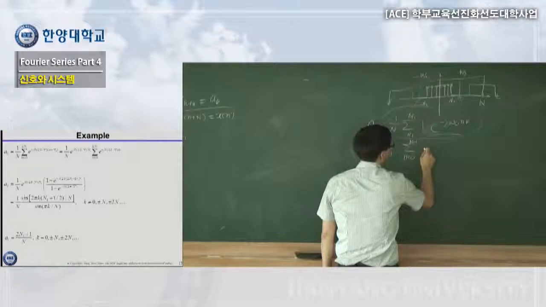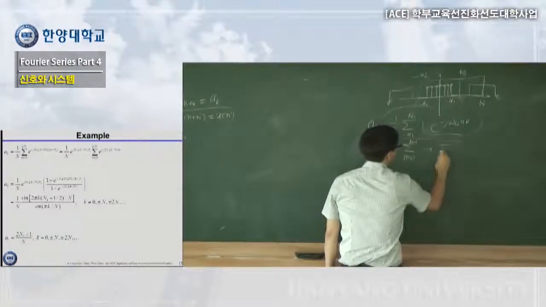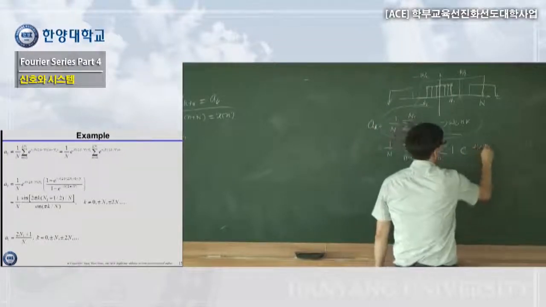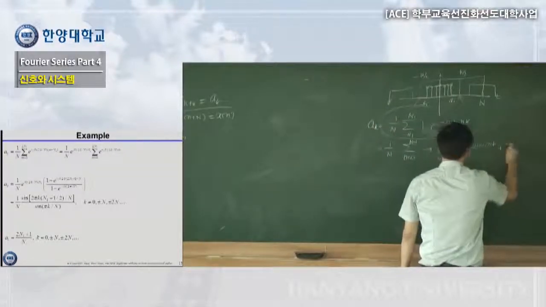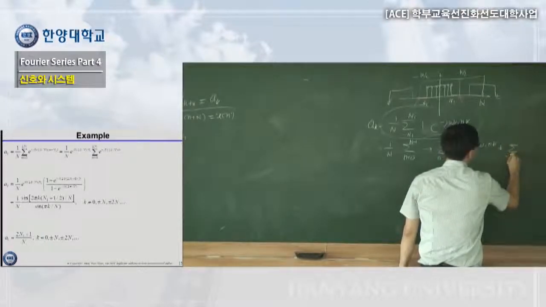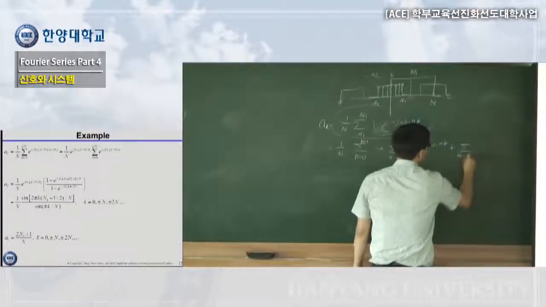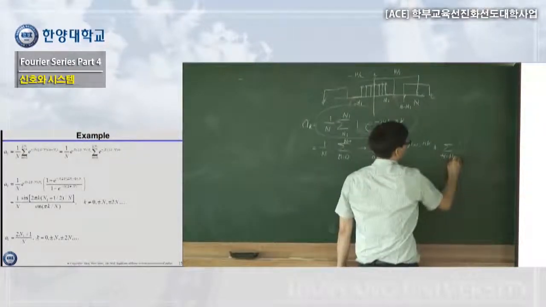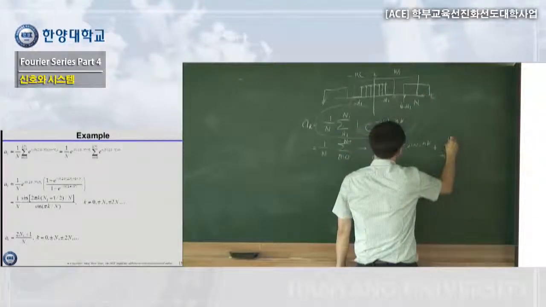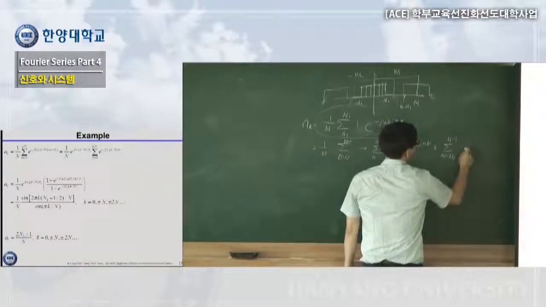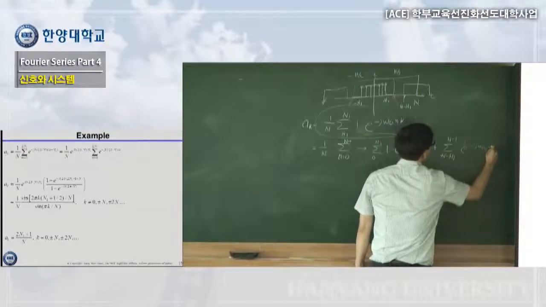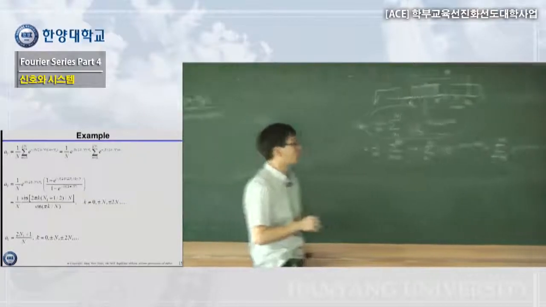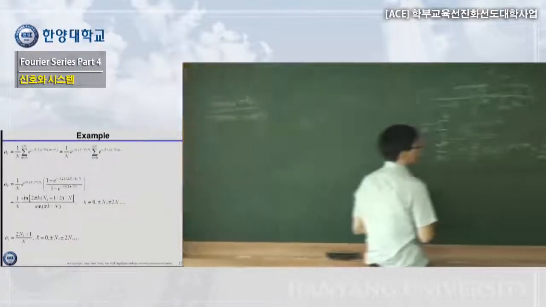And you can calculate them as the sum from 0 to n of exponential minus j omega 0 n k, plus the sum from n minus n1 to n minus 1 of exponential e minus j omega 0 n k. Whatever you choose, which is more convenient for you, that's fine. Doesn't matter.